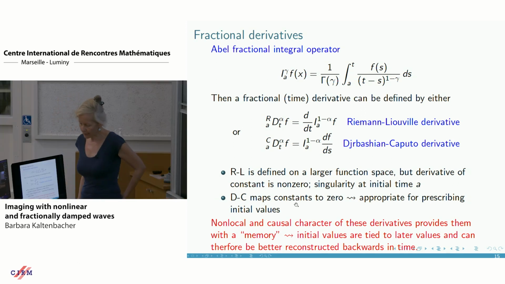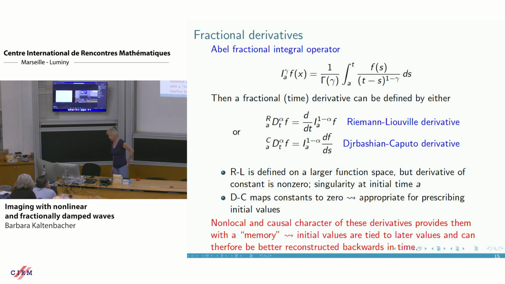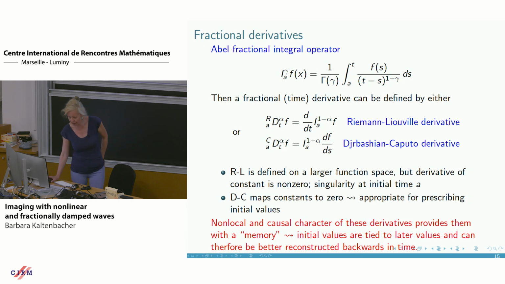When looking at inverse problems, these fractional derivatives play an important role, and who knows it better than my chair, that this is the case. The important thing is, due to this integral here, which goes over the whole time horizon, from a to t, this derivative altogether is a non-local one.